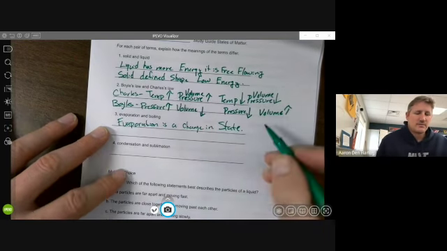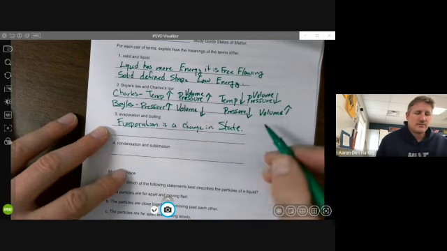Boiling is more about pressure. We can make things boil without even heating them, as long as the inside pressure matches the outside pressure. We get boiling from that.